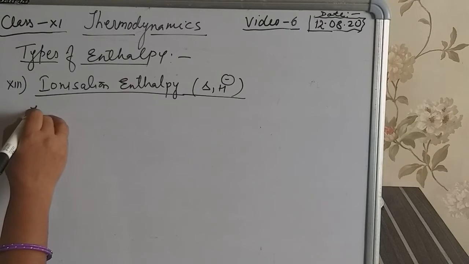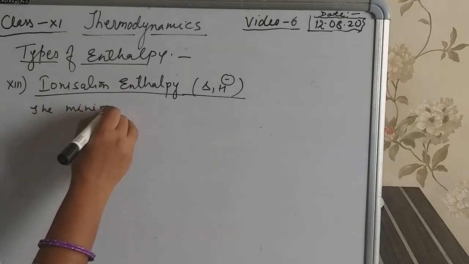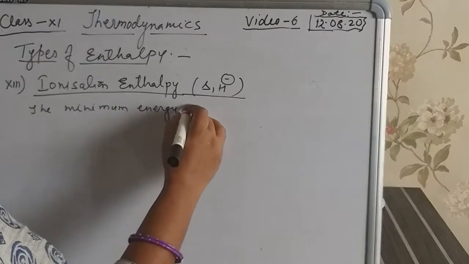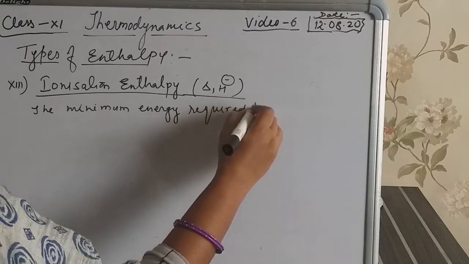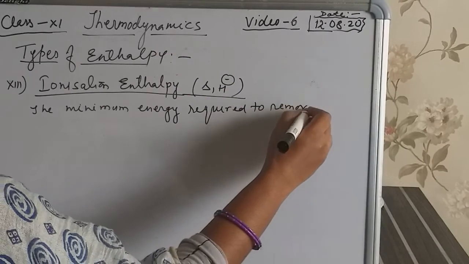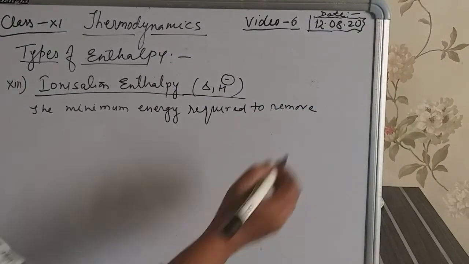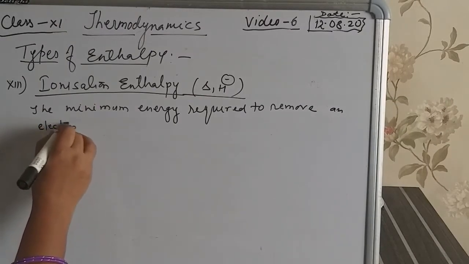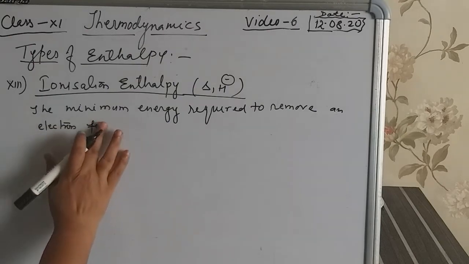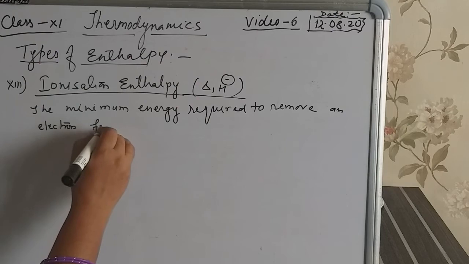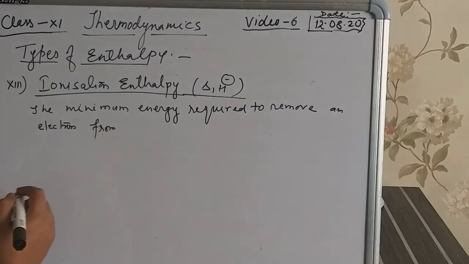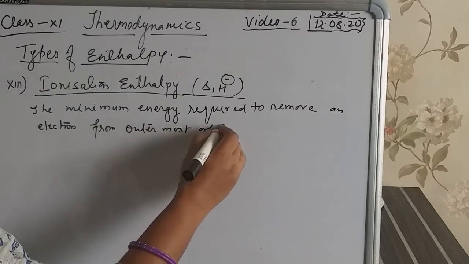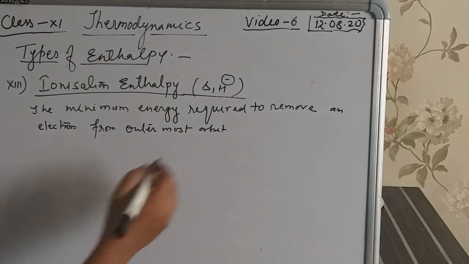The minimum energy required to remove an electron from the outermost orbit in a gaseous isolated atom.